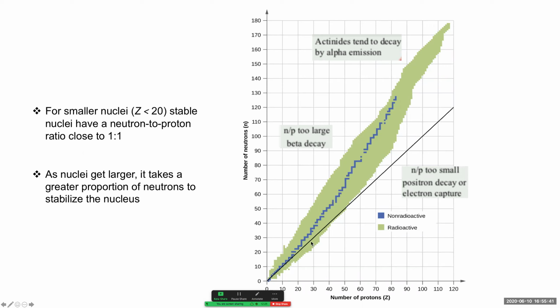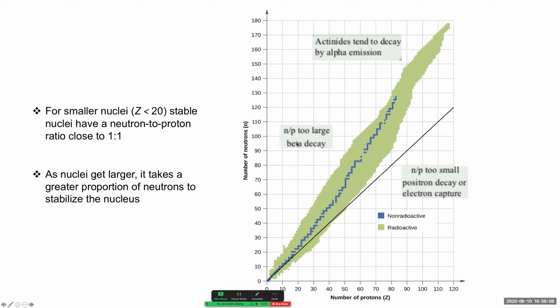So if the ratio of neutrons to protons is too small, you're in this zone below the solid blue line, and those atoms are radioactive.